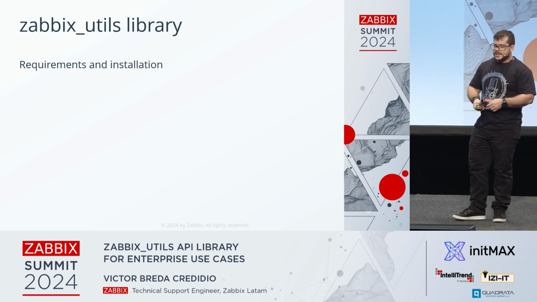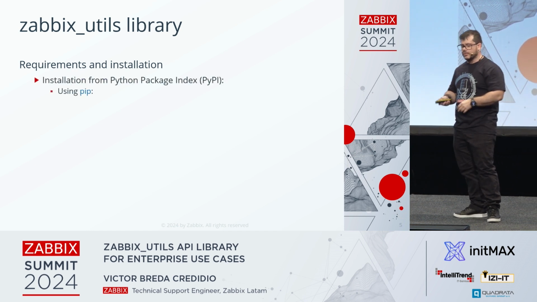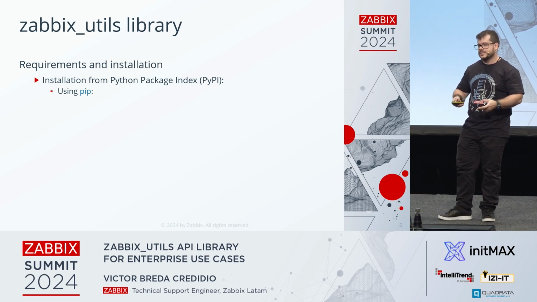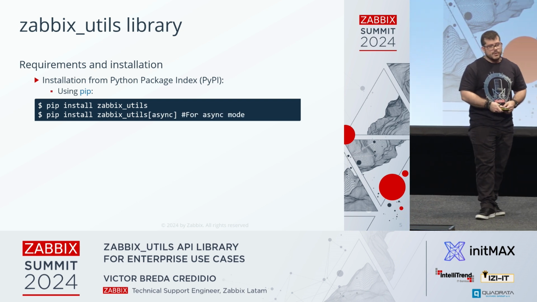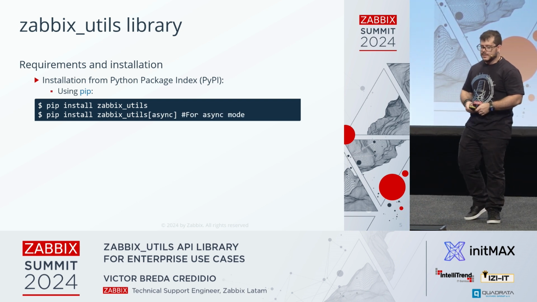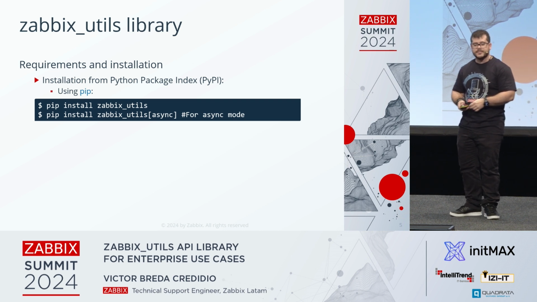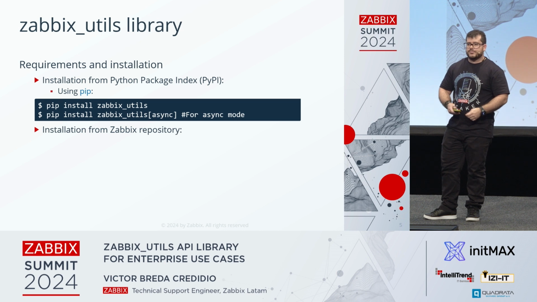And for the installation, it's pretty easy. Pretty simple. You have 3 ways to install this. You have the Python Package Index, also known as pip. You can just pip install zabbix_utils, or zabbix_utils[async] for asynchronous mode. Quite self-explanatory. From the Zabbix repositories, we have pre-built packages just for that as well.